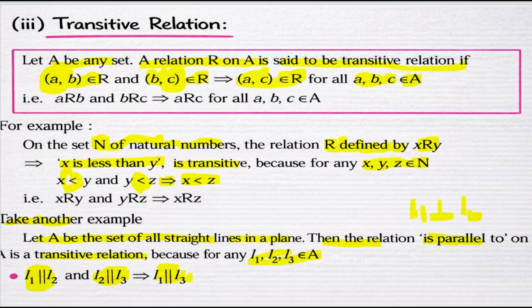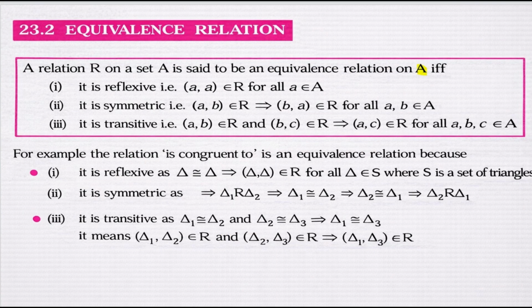Okay. Now let me move on to the next one, that is the equivalence relation. What is an equivalence relation? A relation R on a set A is said to be an equivalence relation on A if and only if that relation satisfies these three properties: reflexive, symmetric, transitive.